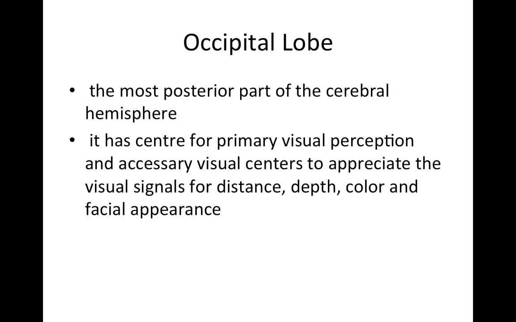Coming to the occipital lobe, it is the most posterior part of the cerebral hemisphere. It has the center for primary visual perception and accessory visual center to appreciate the visual signals of distance, depth, color, and facial appearance. It receives these visual signals from the opposite eye fields.